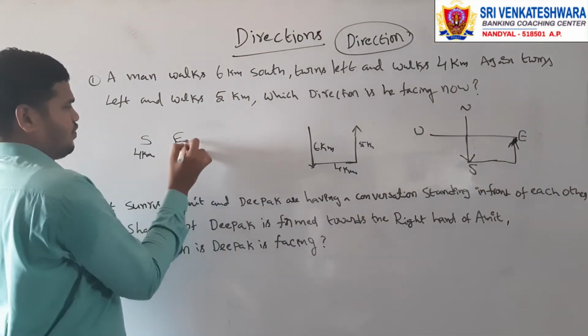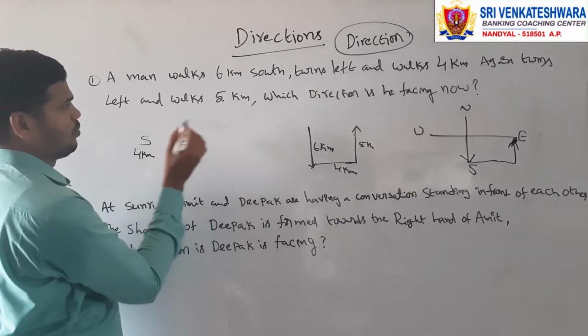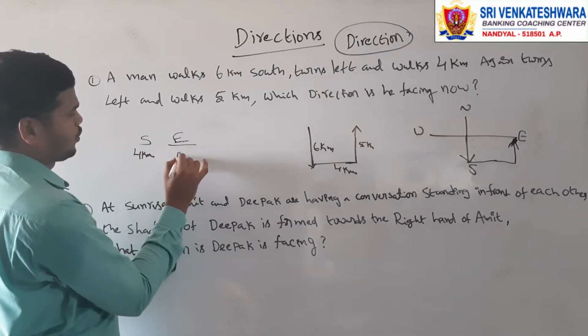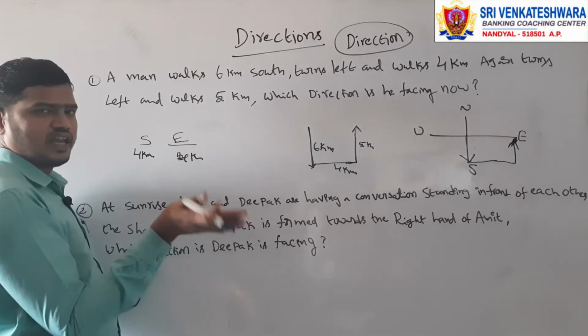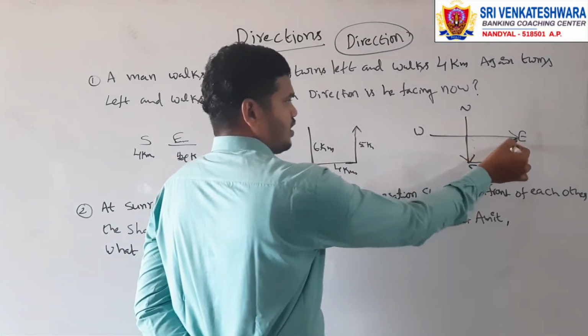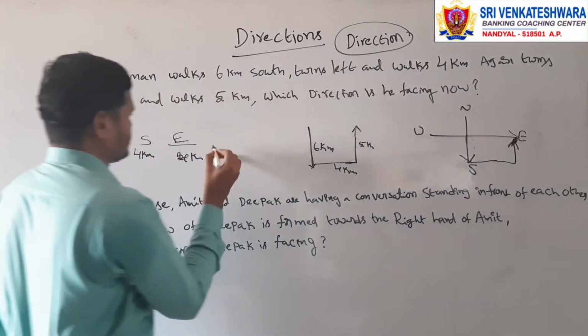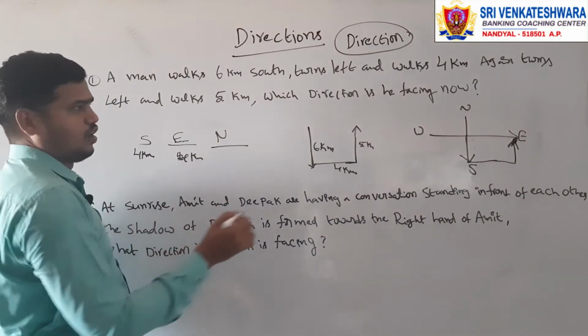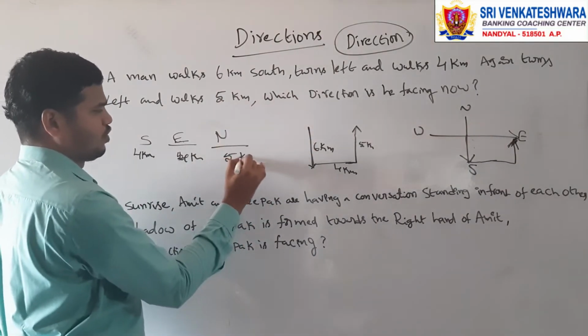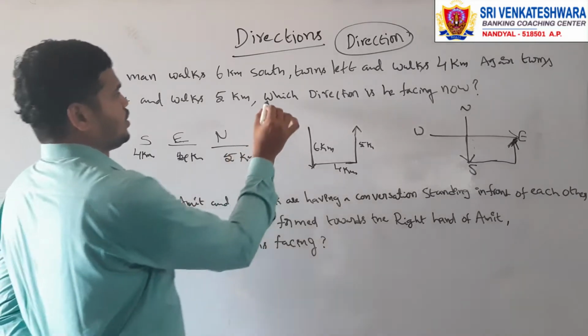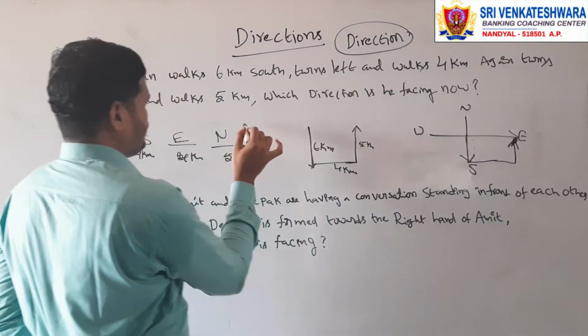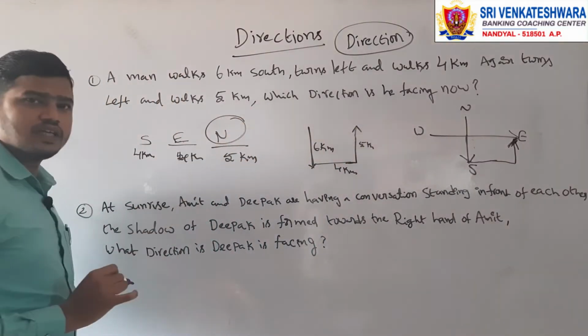So left for south is east, 4 kilometers. Again turns left. What is the left for east? North, 5 kilometers. So which direction is he facing now? North direction.